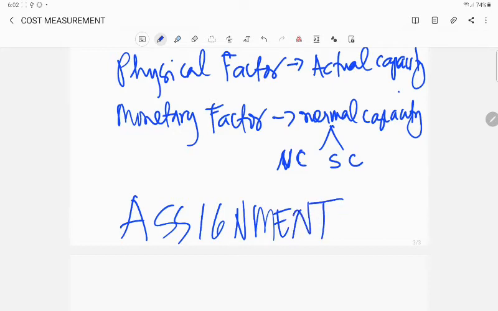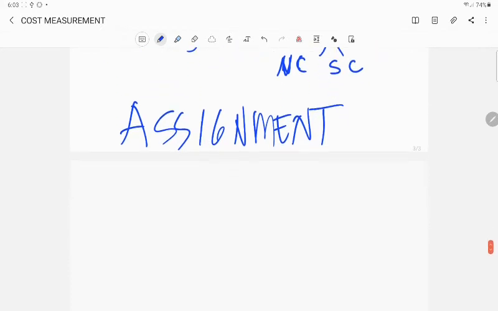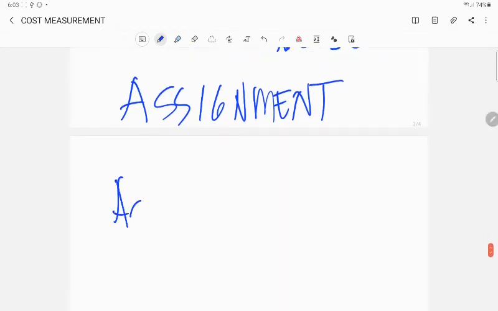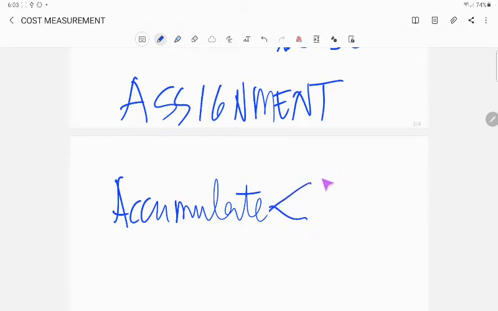And this is the way for us to accumulate cost. So, anong ginagawa pag nag-accumulate ng cost? Okay? In order for you to accumulate cost, dapat daw ang gawin natin ay ano?